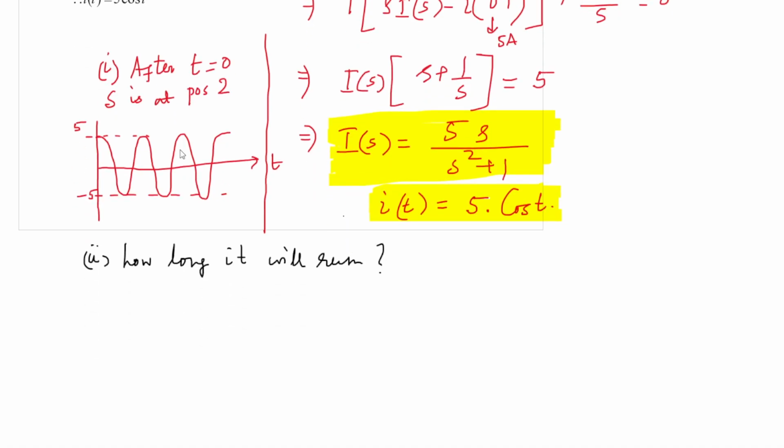It means this response, this nature, how long it will run. So the answer is for t is equal to infinity. Because the answer is quite simple because it will follow the cosine curve. So it will follow this cosine curve for t is equal to infinite amount of time. So there is no problem with that.